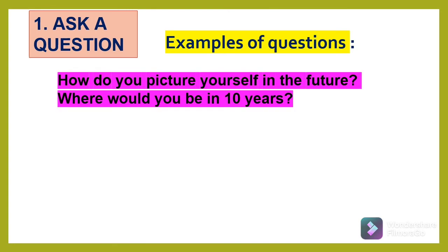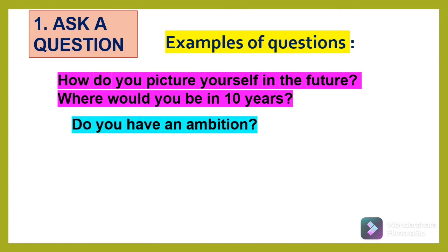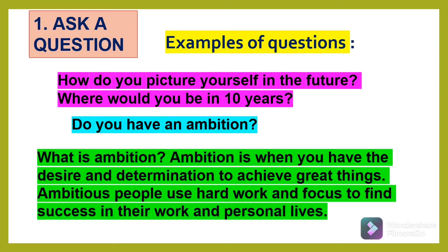So one example: how do you picture yourself in the future? Where would you be in 10 years? Or just a simple question: do you have an ambition? Or you can also ask a question like this: what is ambition? Ambition is when you have the desire and determination to achieve great things.